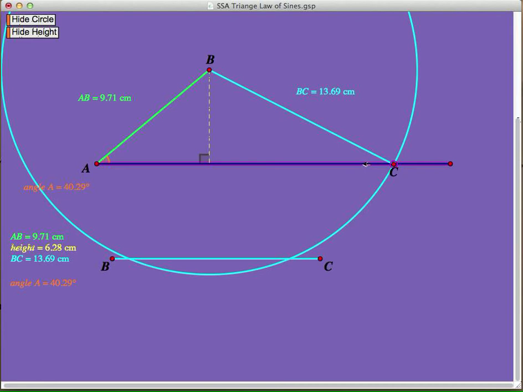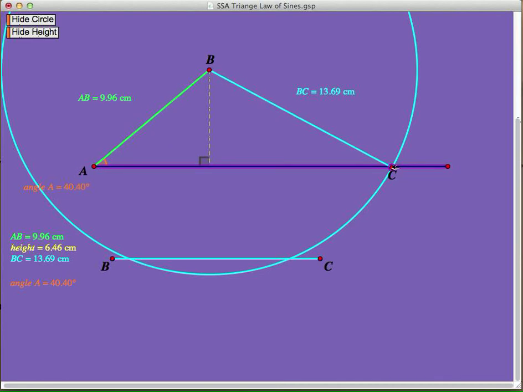And let's look at what exactly is going on here. We have BC longer than AB and longer than my height. So that's when I have one triangle being formed.